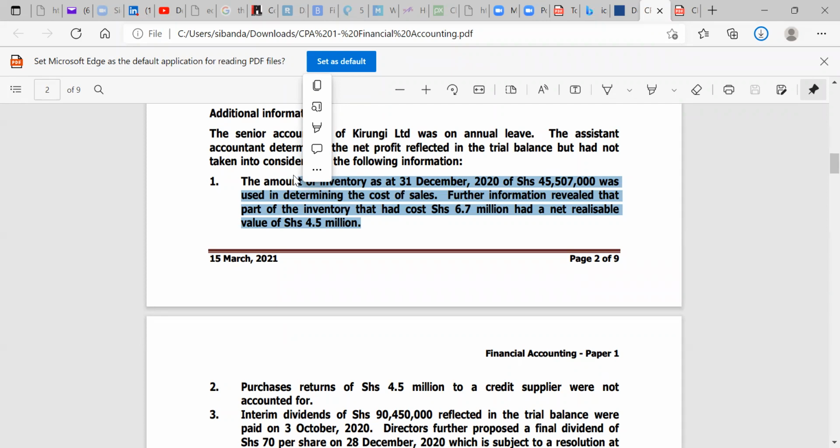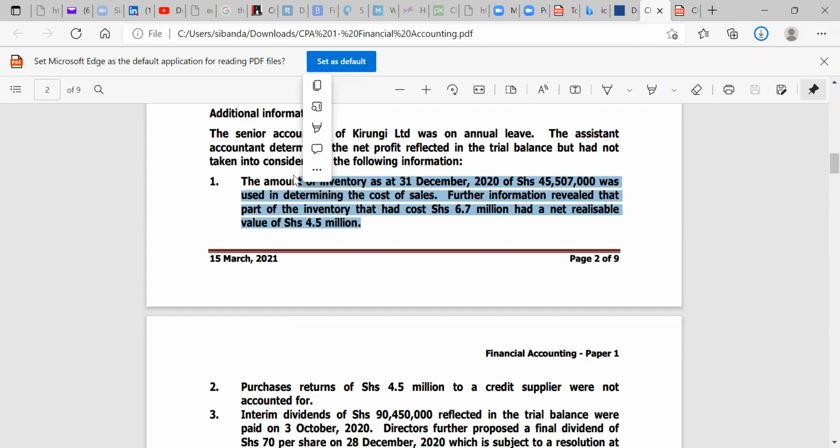So you end up valuing your phones based on how much you invested in them. But in reality, when you go to sell those phones, because they are off market, people can only give you 150,000, or they can only give you 100,000. So the principle says that we should not value inventory on the cost that we incurred in acquiring it, but we should look at what we can get from the market, which is the net realizable value.